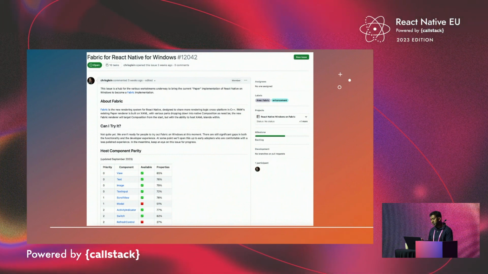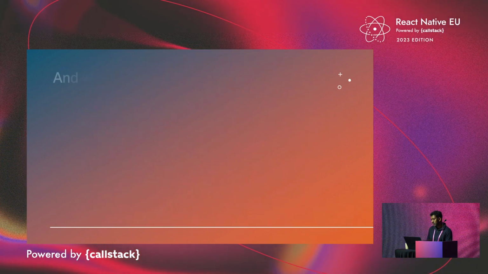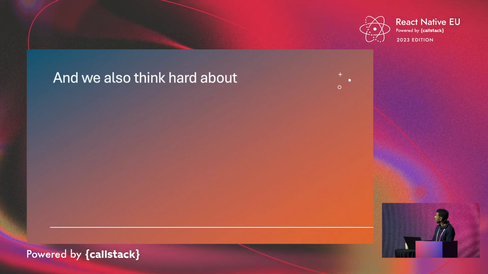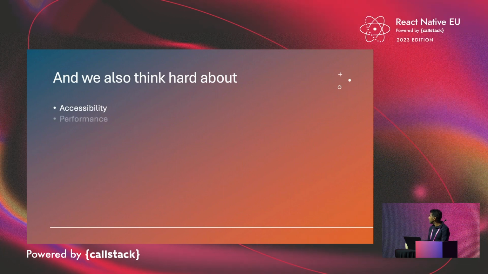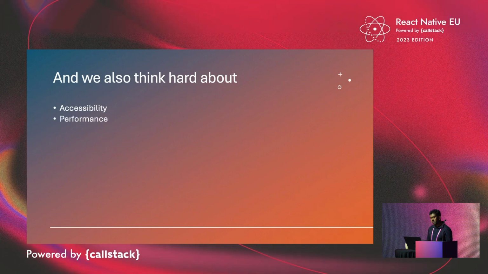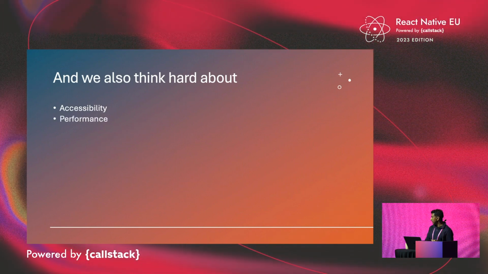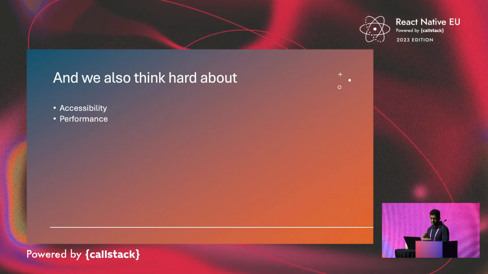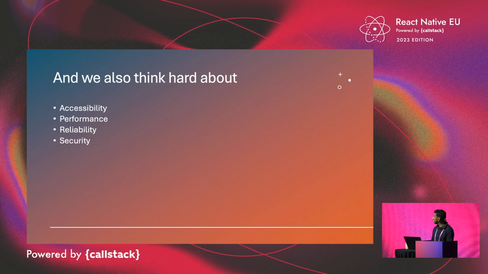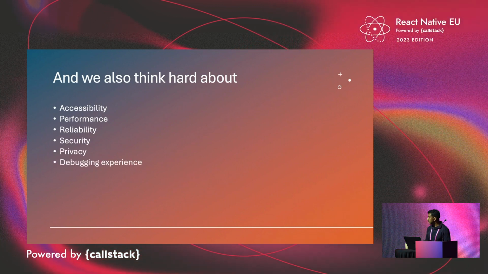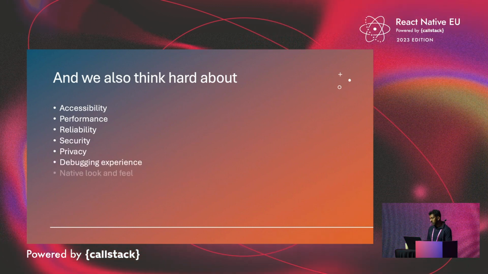But besides those things, there are several other aspects that we think about as we're building those platforms. Accessibility is really important. I mentioned that earlier. You want to be able to build React Native experiences that are accessible and usable by everyone. Performance, reliability, security, privacy. We want a really good debugging experience.